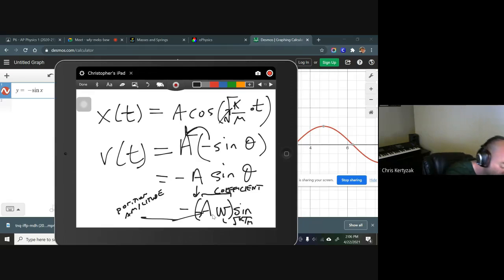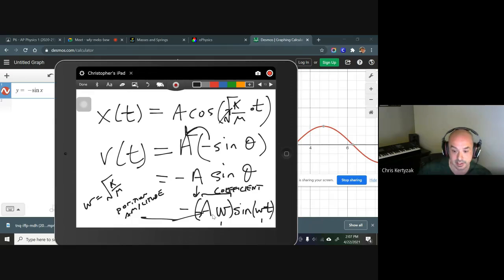All right, I'm going to erase that because I don't want to get too confusing. And then this part is the same as it was before, just omega times t, just as we had on the position versus time graph. Again, these two omegas that you see in here can be re-expressed as square root of k over m, and that could go in here and that could go in here.